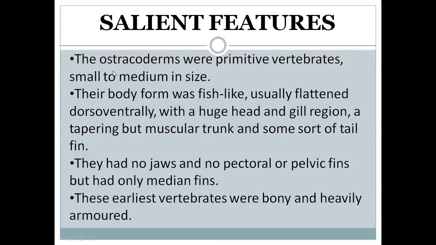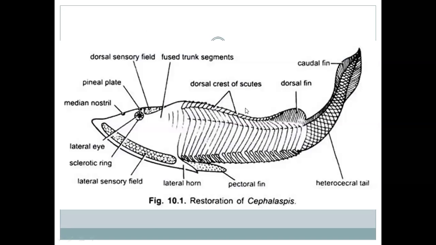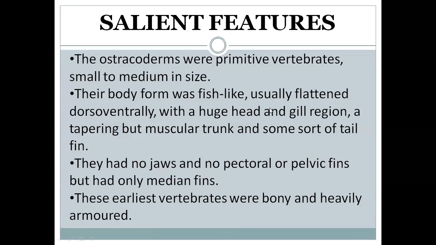Coming to the salient features of Ostracoderms, they are primitive vertebrates. They were small to medium in size, and their form was a fish-like structure. Usually they had dorso-ventrally flattened bodies, a huge head, and a gill region.